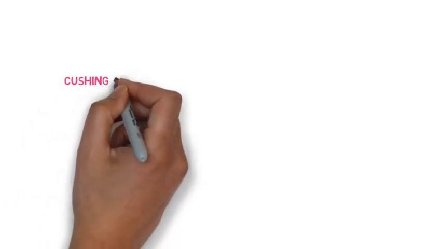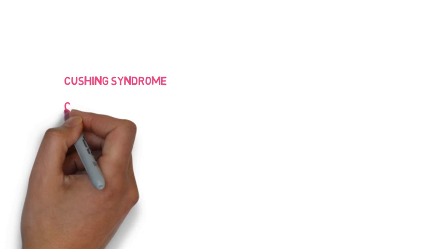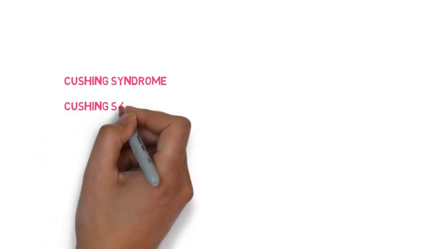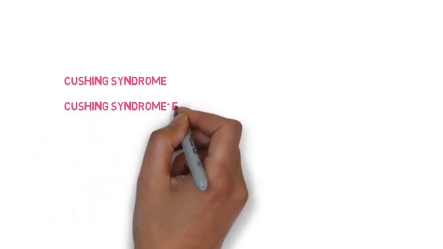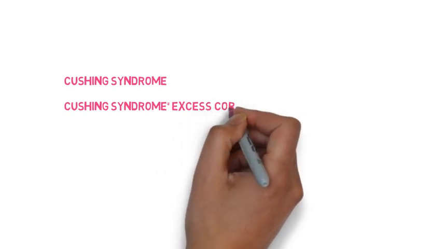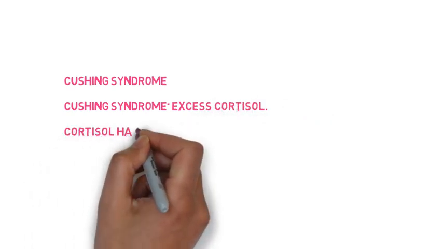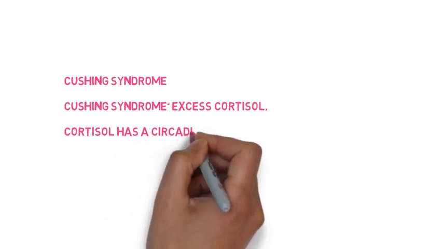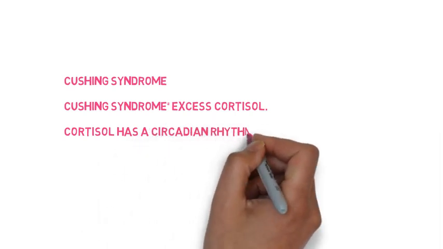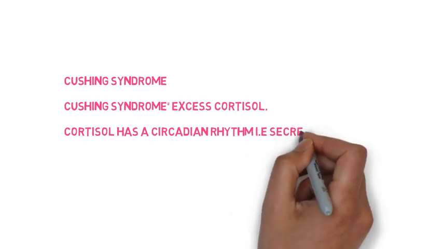Now lastly, I'm going to talk about Cushing's disease, or Cushing's and Cushing syndrome. Cushing syndrome refers to excess cortisol, and it includes a variety of causes that can cause increased cortisol.